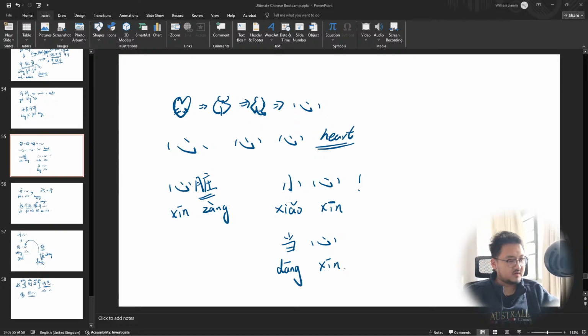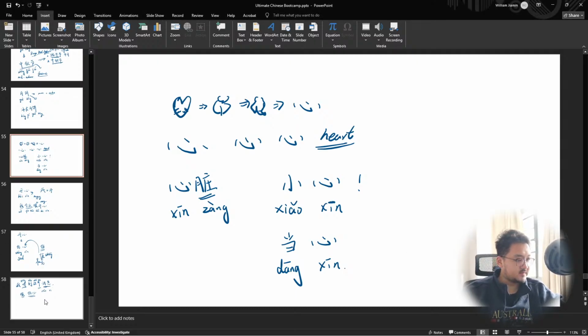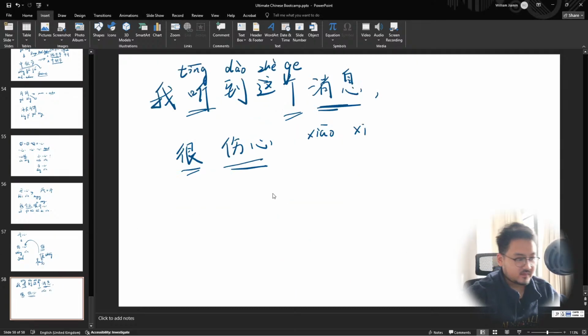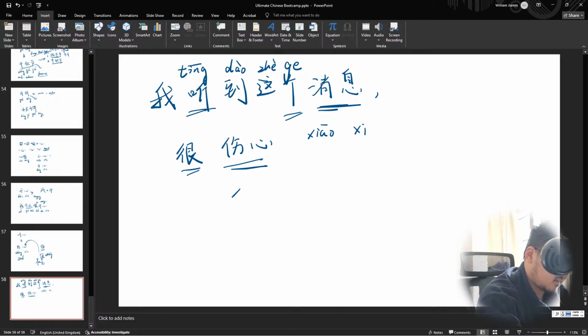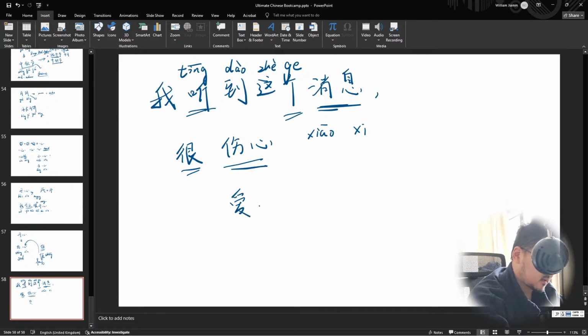But we are talking about the single component characters. If you combine this with another one, for example, in the traditional version you should get a 心 inside, but the simplified Chinese omits this.